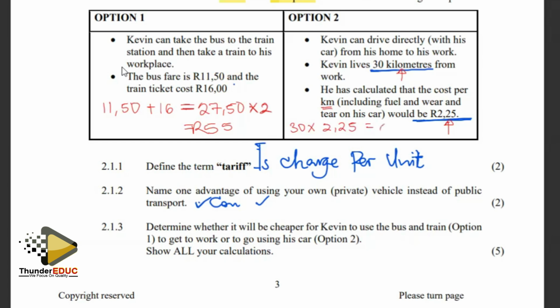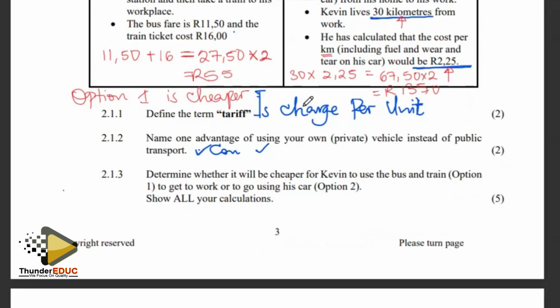You have the answer as 67 rands 50 cents, times 2. So he has to spend 135 rands a day. So option one is cheaper.